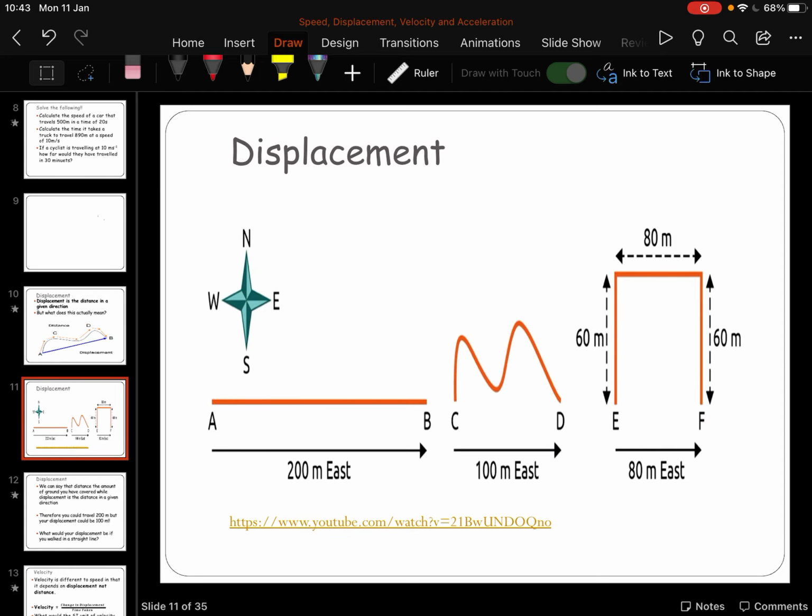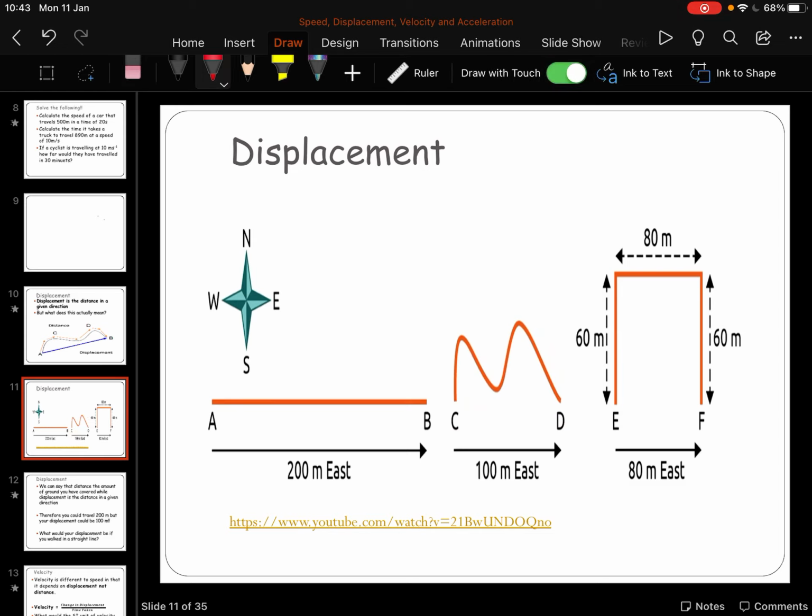And here's a few more examples. In the first one, the distance and displacement are the same because they're covering the same distance. In the second one, distance is longer because they're going around corners, whereas displacement is 100 meters. And the big one here to really hammer it home is the last one. You don't need to take these down, guys.